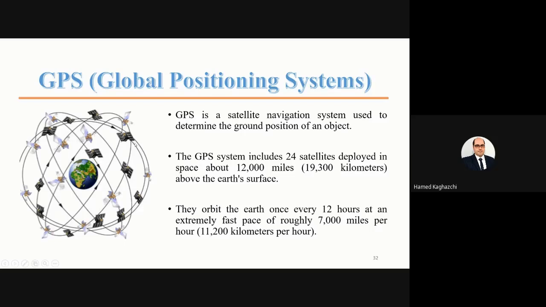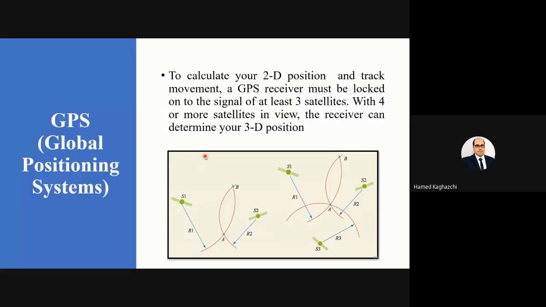In this picture, we have 24 satellites deployed in space above the surface of the Earth. And these satellites orbit around the Earth once every 12 hours, or in other words, 2 times in a day.